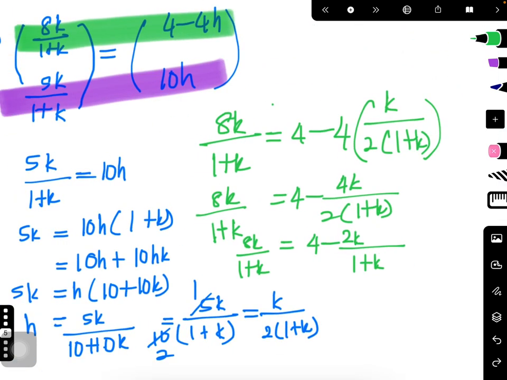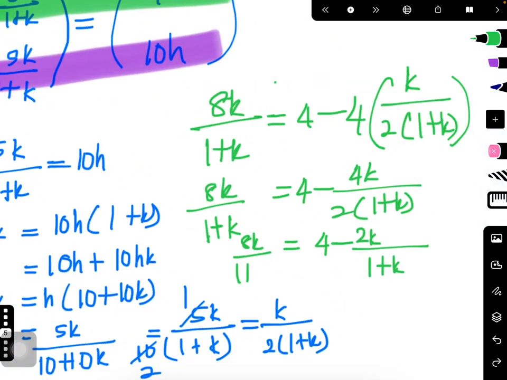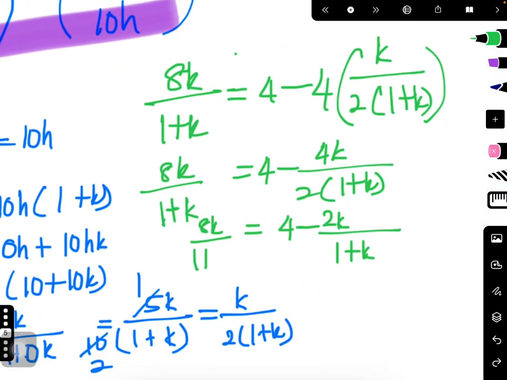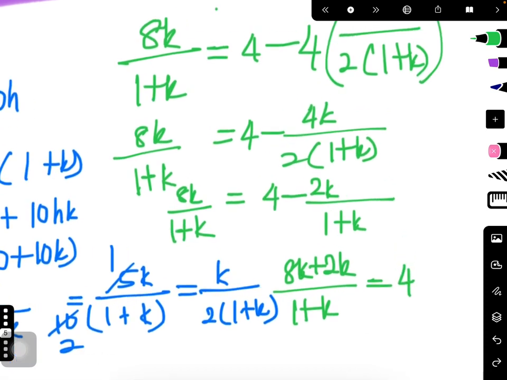Okay, it is the same here, so we can move it into 8k over 1 plus k. 8k plus 2k over 1 plus k equal to 4. So the last answer will be k equal to 2 over 3.